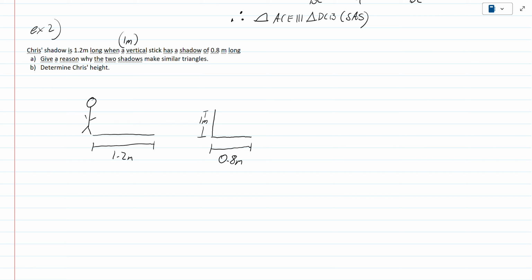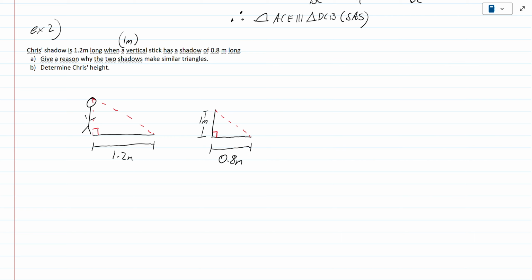Now those triangles can be represented as such. And so we need to find the scale factor relationship.